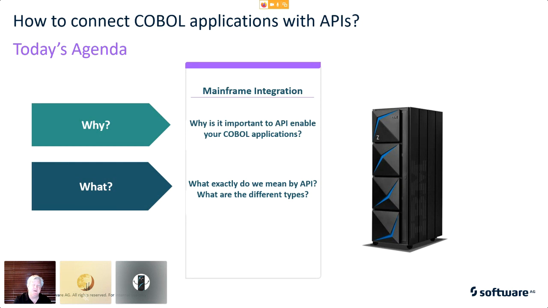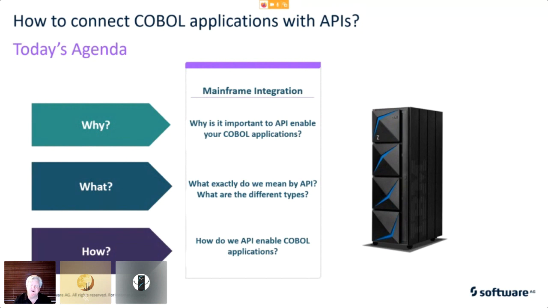Talking a little bit about the capabilities that you might consider when you're talking about API enabling your COBOL applications. And then how? We'll talk about what are some of the best practices, what are some of the common issues we run into, what are some of the different ways that we can API enable those COBOL applications.